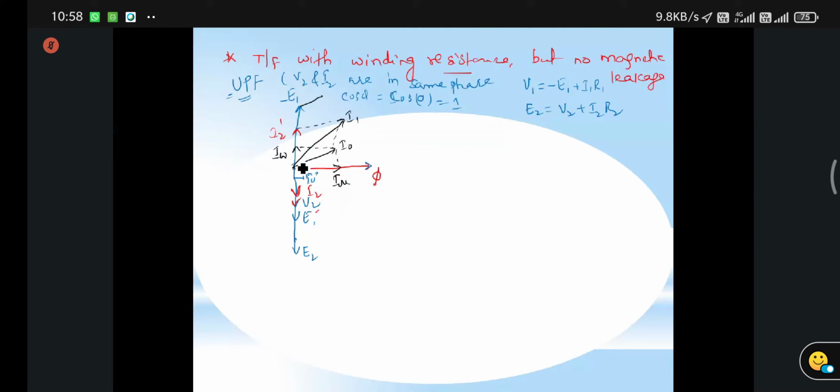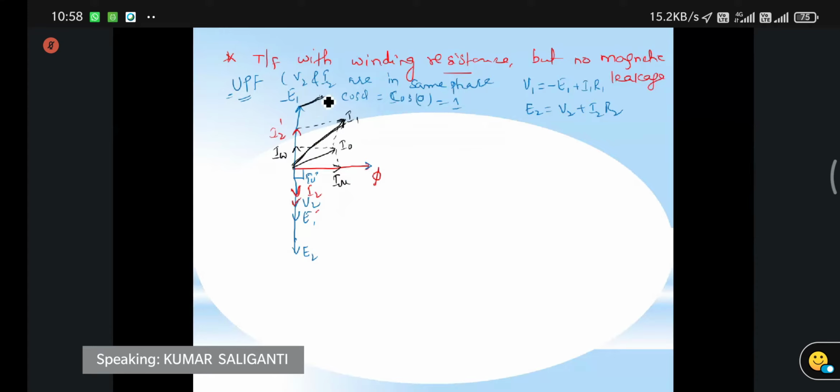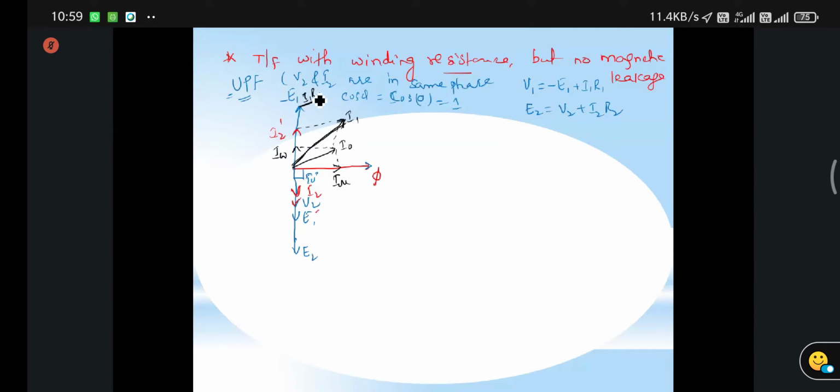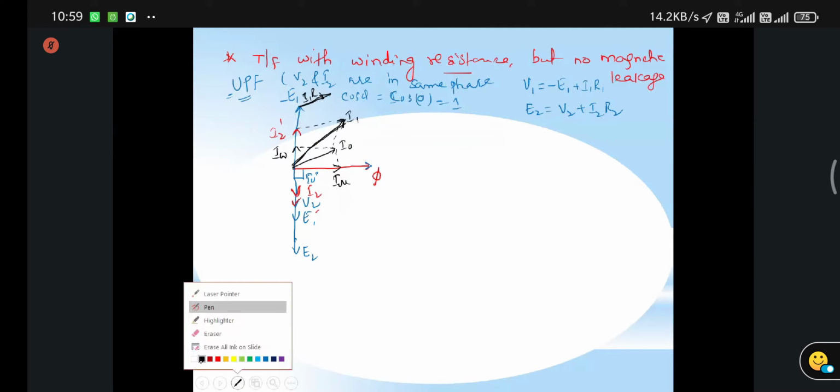With respect to this current direction, this is I1 R1. If you add minus E1 plus I1 R1, then you can get this V1.